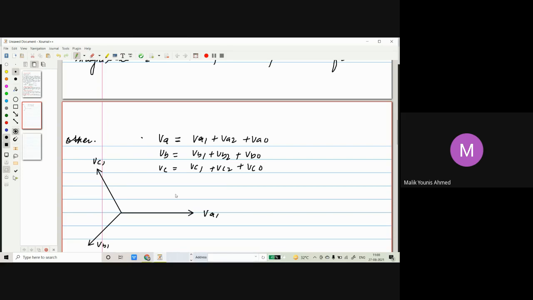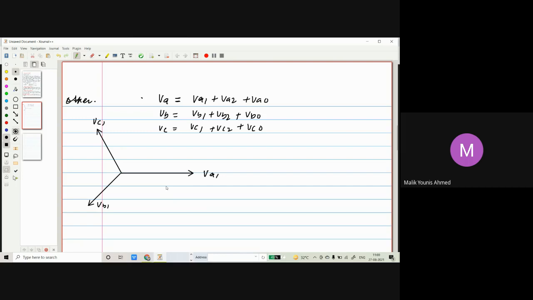Now somebody can ask, sir, what is the phase sequence? The phase sequence is ABC, in a clockwise direction, as the clock ticks in this case. That means the original phasor will be like this. In our country the original phasor is in a clockwise direction.